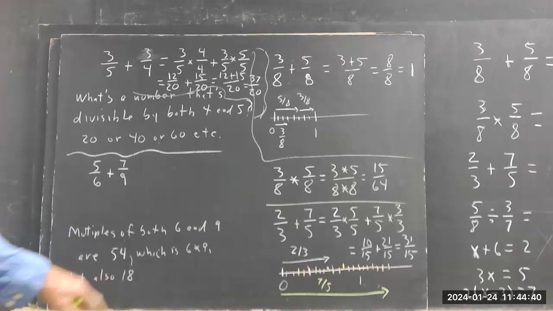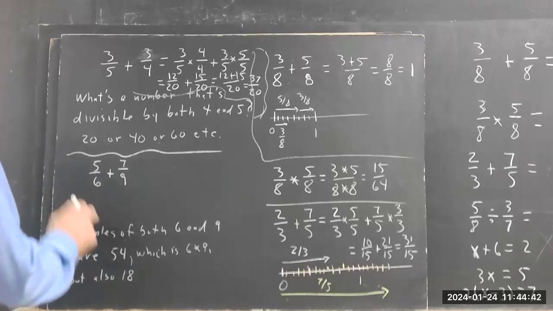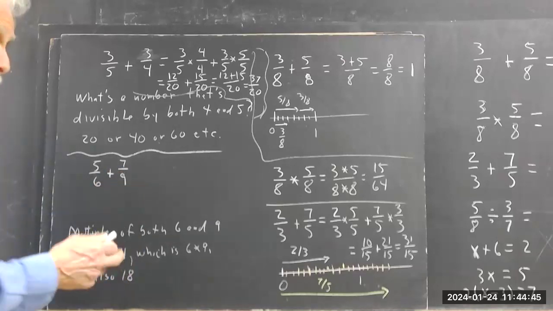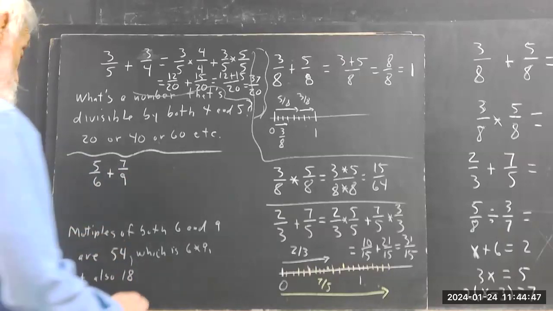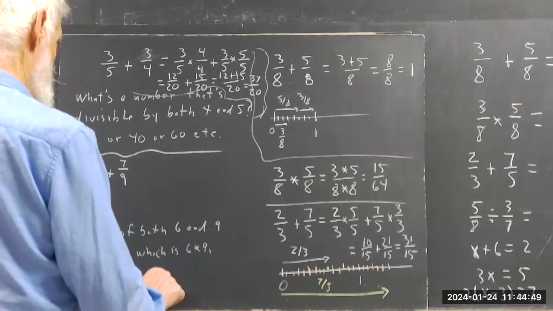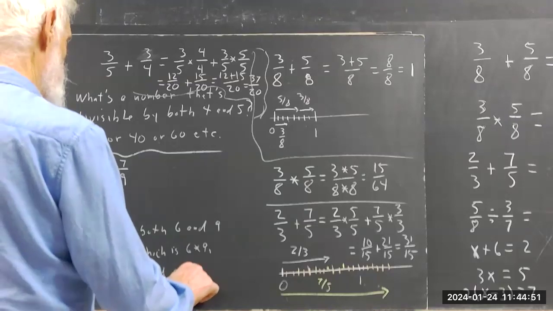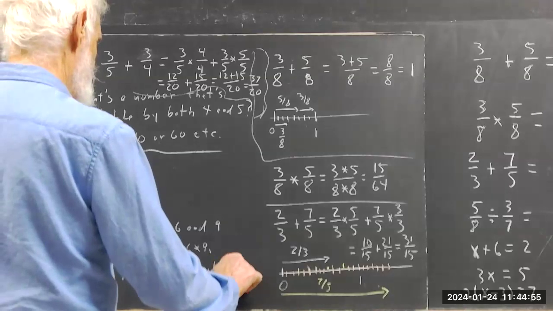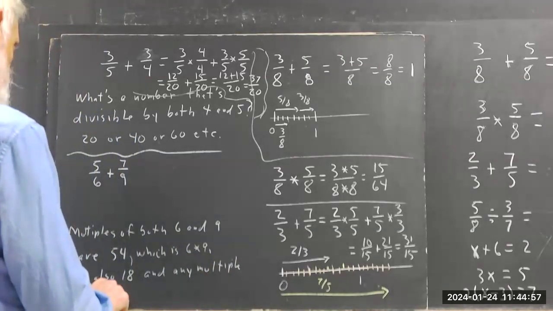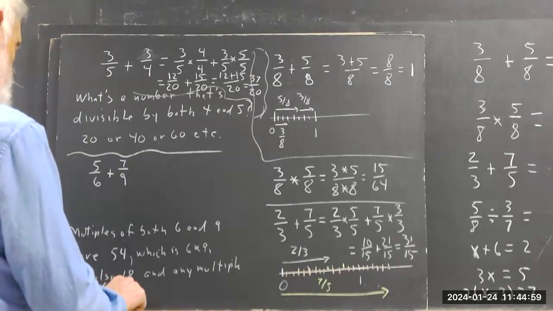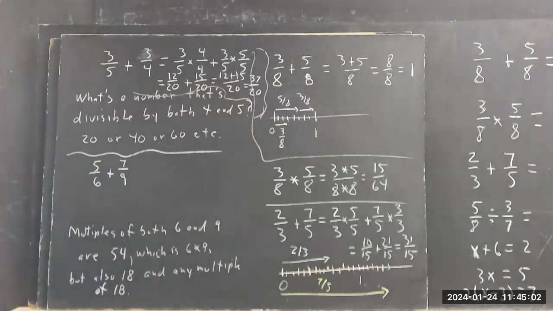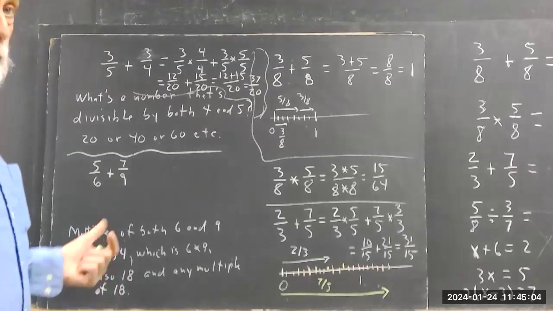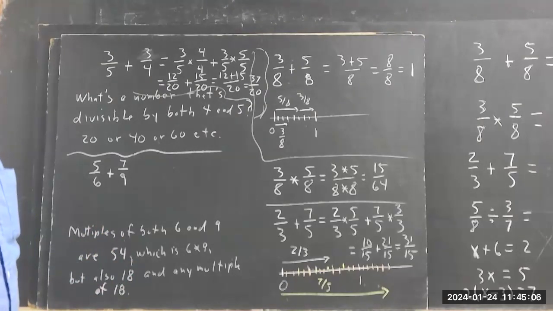It's pretty clear. Everybody saw that it's 18. Because 6 goes into 18 3 times, 9 goes into 18 2 times. Any multiple of 18, 180. Okay. 90. Any multiple of 18.